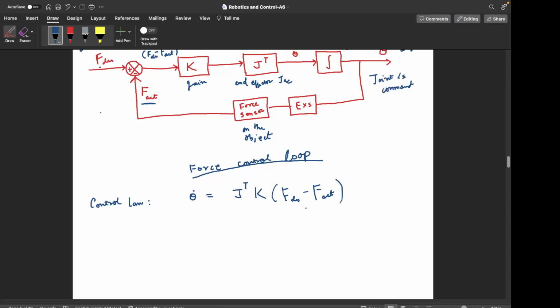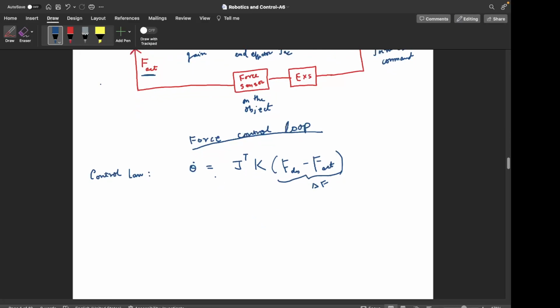This is the error term, delta f. So this is the control law. And theta is the integral of theta dot dt.